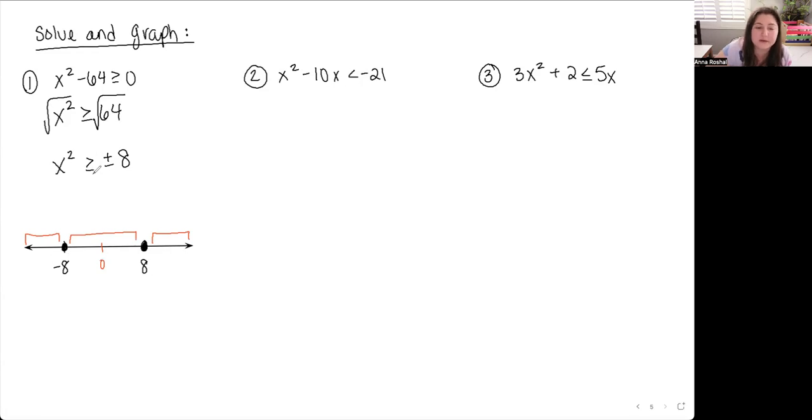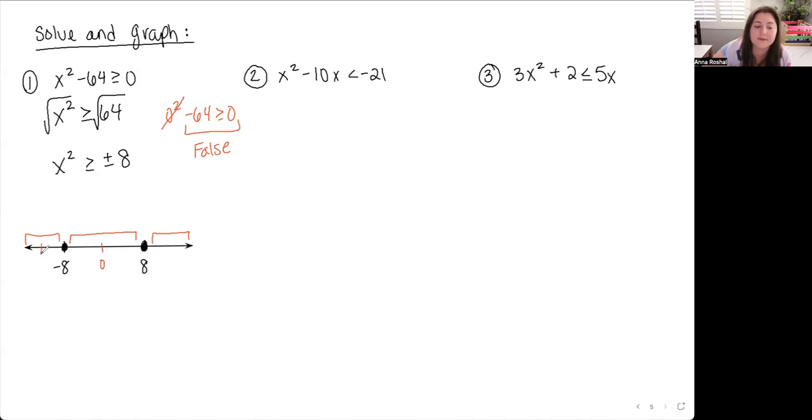Is 0 greater than or equal to 8? Not true. It is a not true statement, right? If I do 0 in my original statement, 0 squared minus 64 is greater than or equal to 0, this statement is false, and so I will not be granting anything in here because negative 64 is not correct.